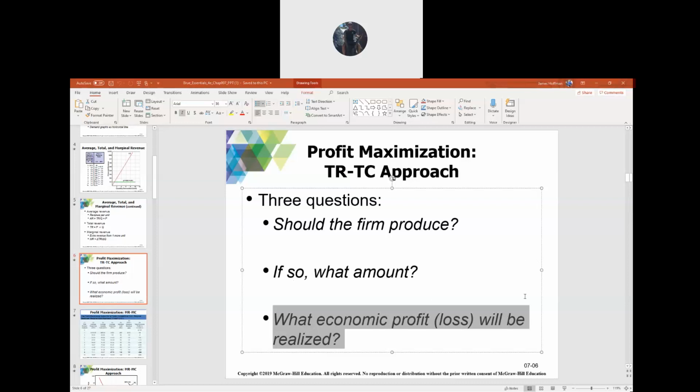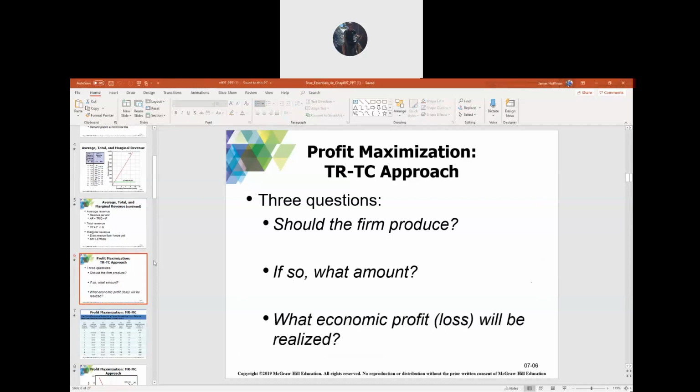Number one, the best case for the firm is they produce and they make a profit. The second case is they produce and they take a loss, but it's a minimizing loss in the sense that they cover more than they would if they just shut down and lost the fixed cost. So in this case, they're minimizing the losses. And the third case is producing any amount is unprofitable at all, and so they're just going to shut down. Okay, so there's 3 cases: produce and make a profit, produce and minimize losses, or just shut down completely.